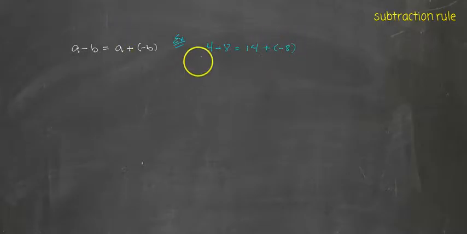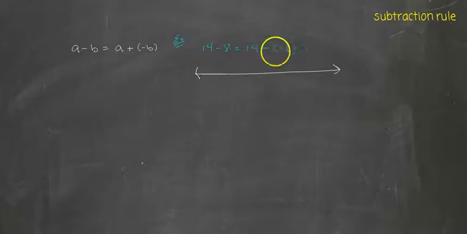And on the number line, there are two ways to look at it. Let's make a nicer number line. The first is what we've already been doing. If you start at 14 and it's addition, so you're going to head in the right-hand direction, but minus says to add in the opposite direction.